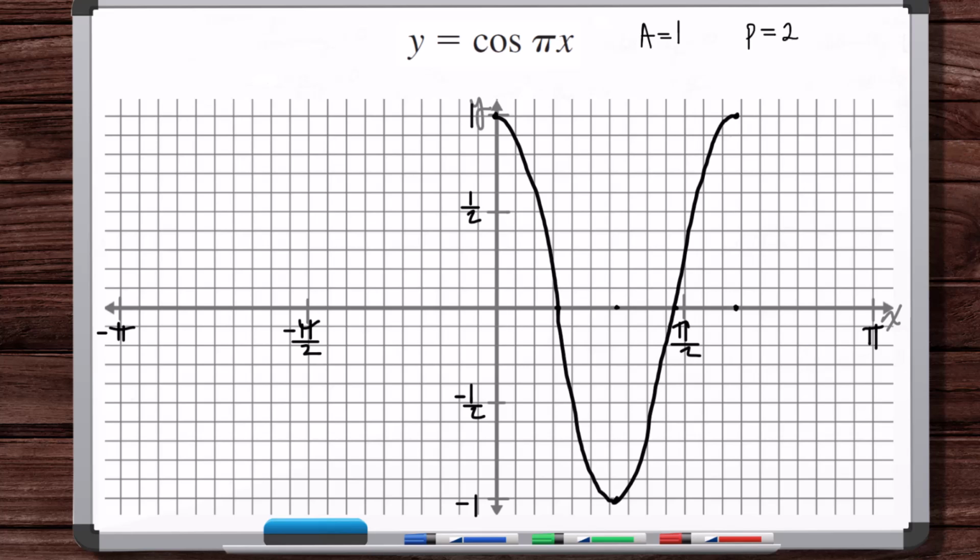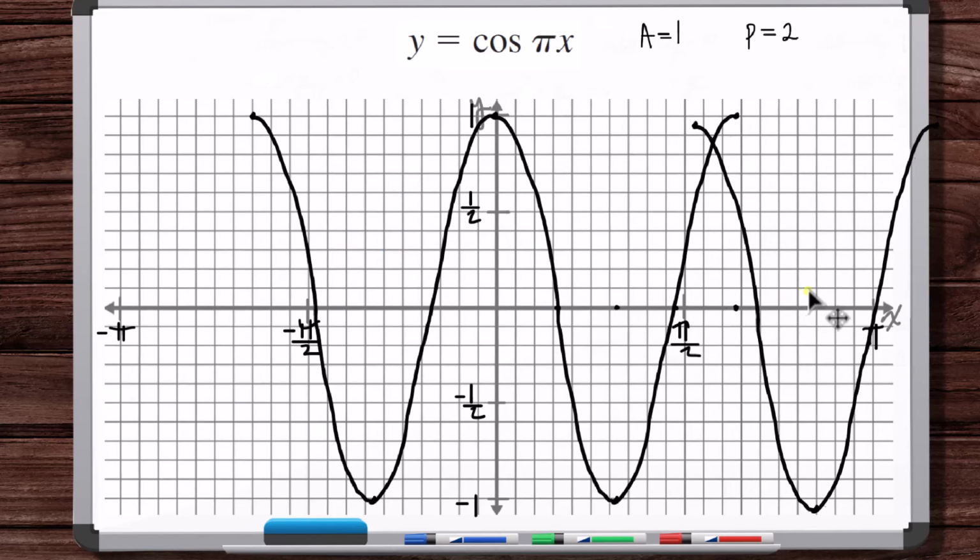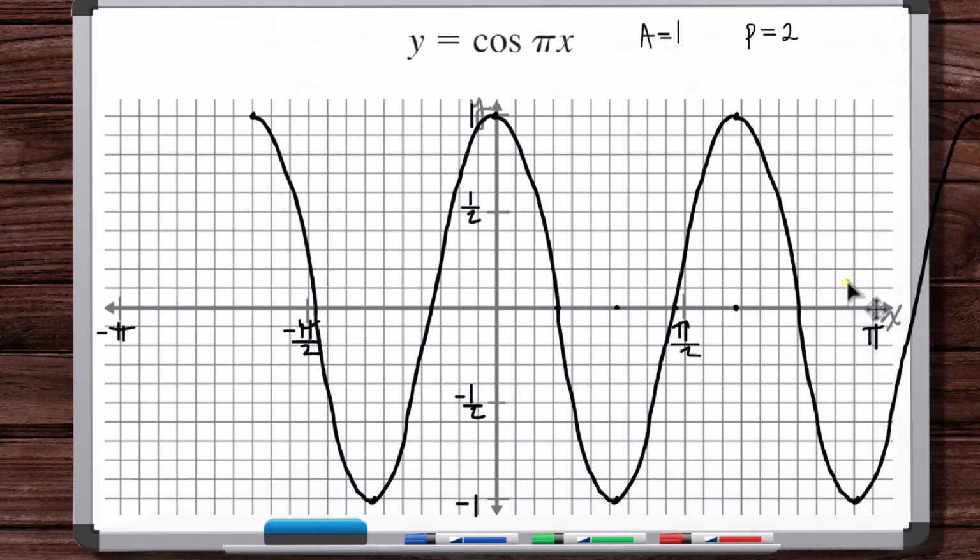Like that. There we go. We might be able to add another couple of periods in here, maybe. We could erase this.